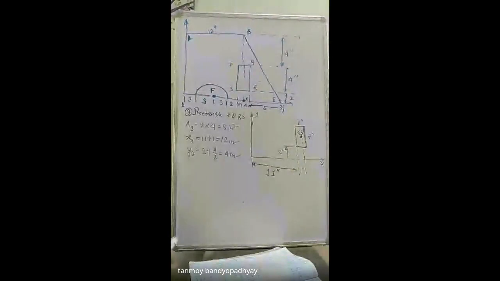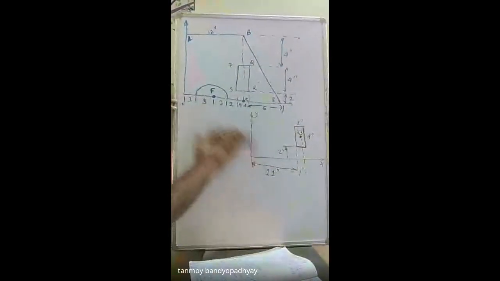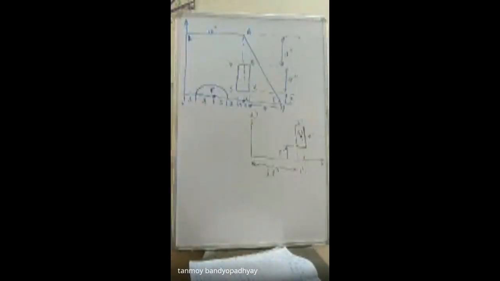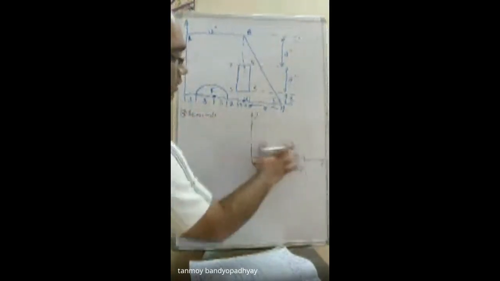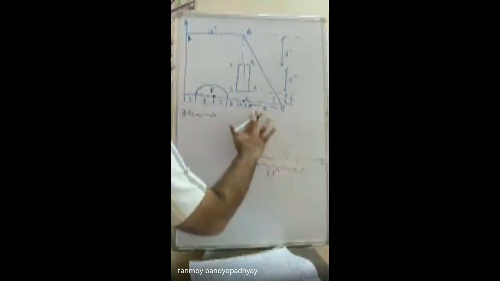And the last one, I am erasing that, space is limited so I have to rub them off. The last one is the 4, which is the semicircle. Let's first draw it here.